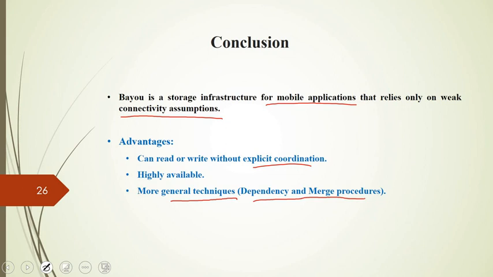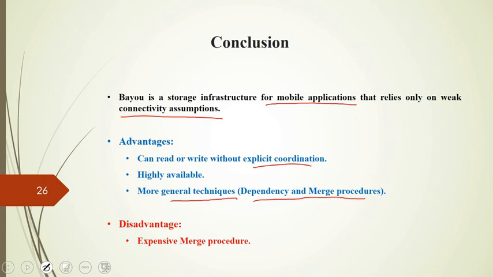The dependency check determines whether there is any conflict in the data for the specific write operation, and the merge operation provides an alternative step if the dependency check fails for that write operation.